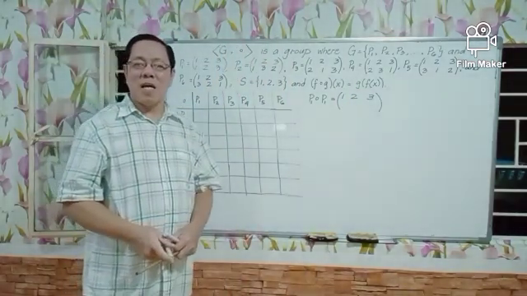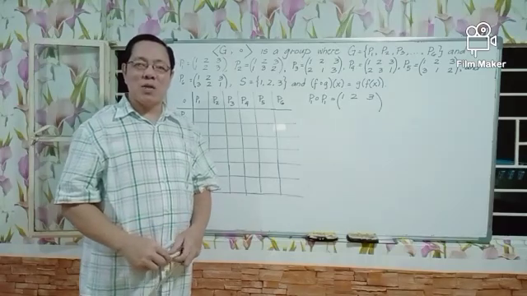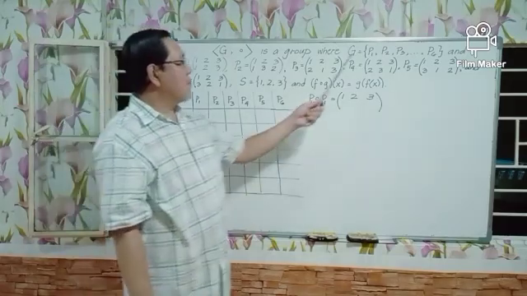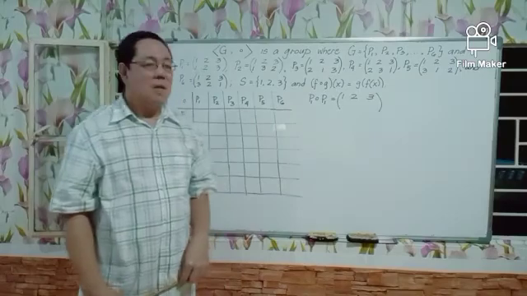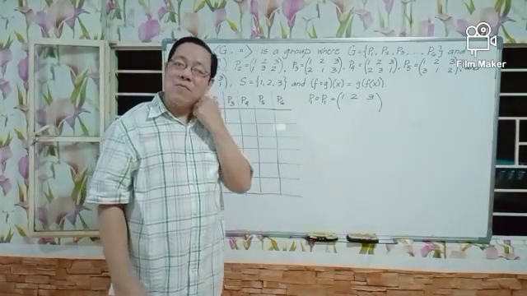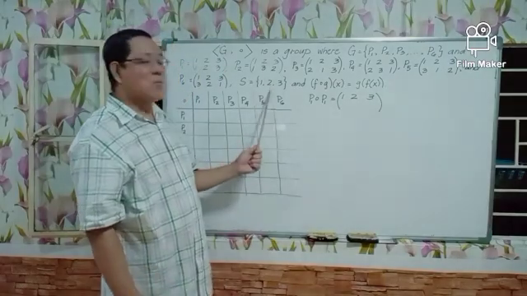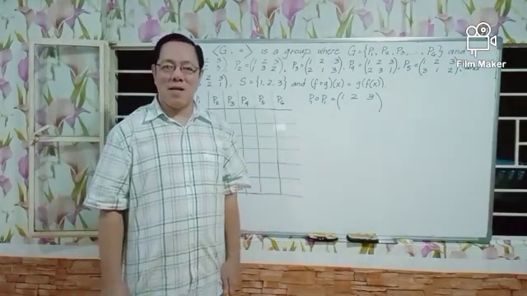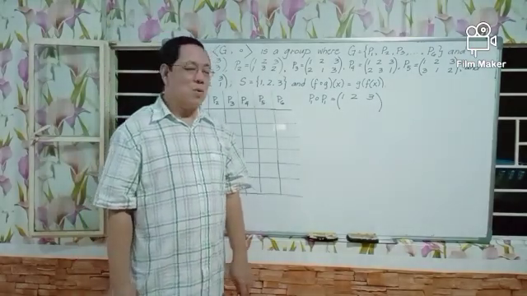We have shown last time that the composition of any 2 functions from set G is also a function from set S with elements 1, 2, 3 to the same set S with elements 1, 2, 3.